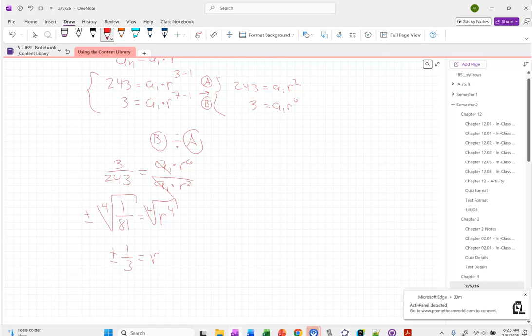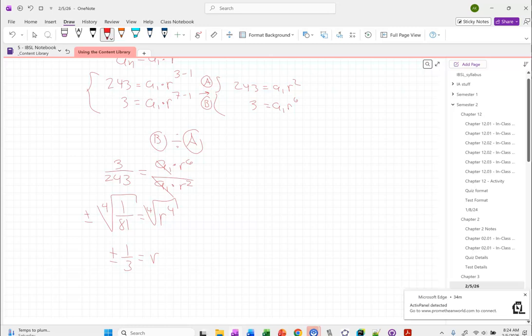So far, so good. Now that I've solved for r, let's go back and find A1. How do I do that? I'm going to go back and plug it into either equation A or equation B. Does it matter which one I choose?